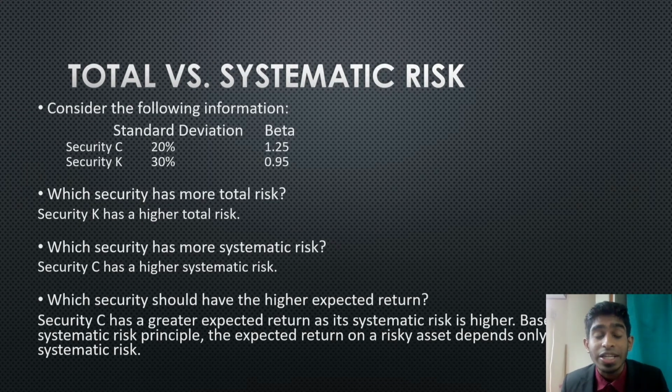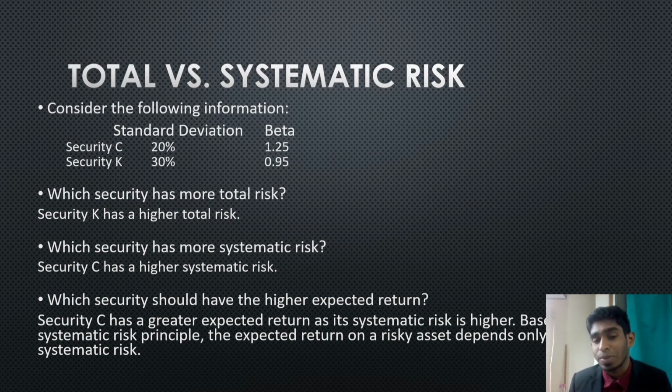Okay dear friends, ini merupakan slide yang sangat penting juga. Dalam slide ini we have some calculation ataupun cara yang kita learn sebelum ini. Okay, so let's see ya. First, total versus systematic risk. Dalam ni kita boleh tengok there are two securities, security C and security K. The standard deviation of security C is 20%, and then the beta of security C is 1.25.